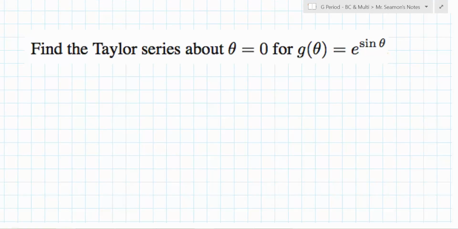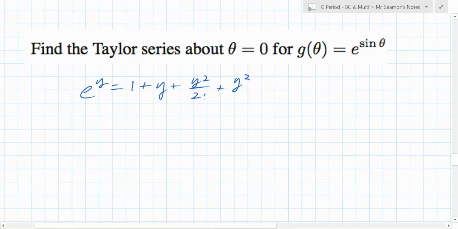I did this example. What did you guys think of this example in the video? If we were okay with sine being in the answer, is this like a 2-second problem? Hold on, yeah. Watch. We could say, oh, we know e to the y is equal to, what's it start with? 1 plus y, sorry. 1 plus y plus y squared over 2.